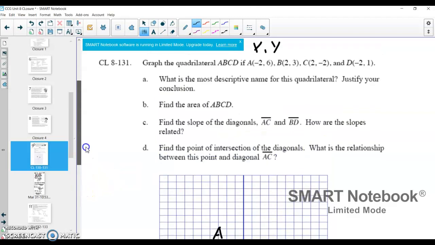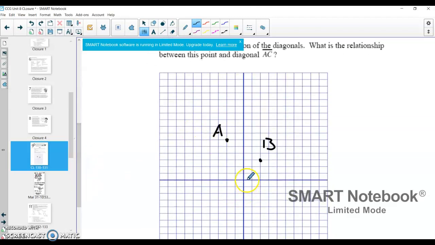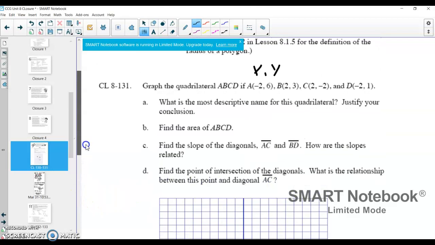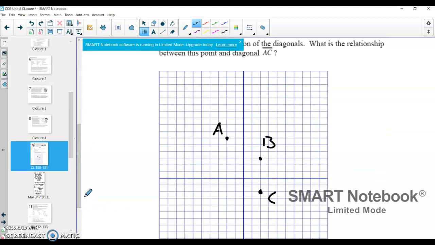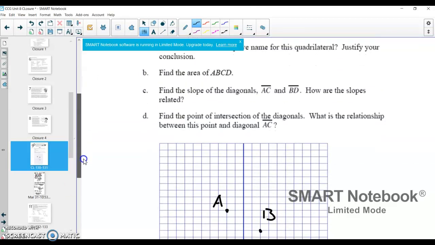Okay, point C is at positive 2, negative 2, so I go over 2, down to here, and that is my point C. And lastly, my point D at negative 2, 1. I go over 2 to the left because it's negative. Is it negative 2, negative 1? No, negative 2, positive 1.